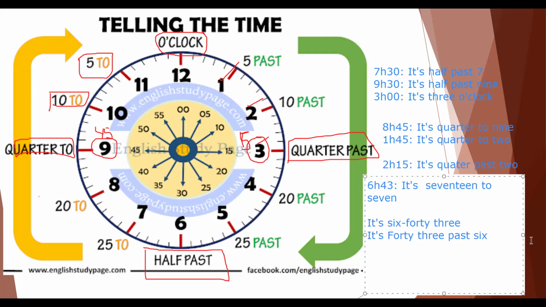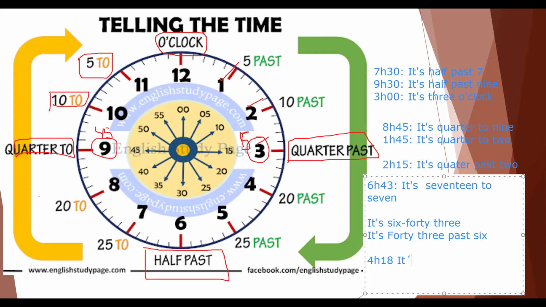What about if I have, yeah, tell me, practice with me. It's 4:18. La primera forma, la más sencilla, ¿cuál sería?